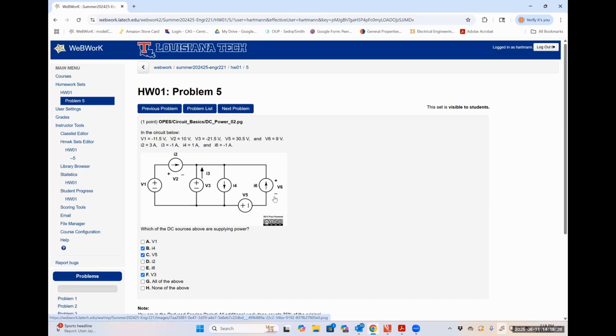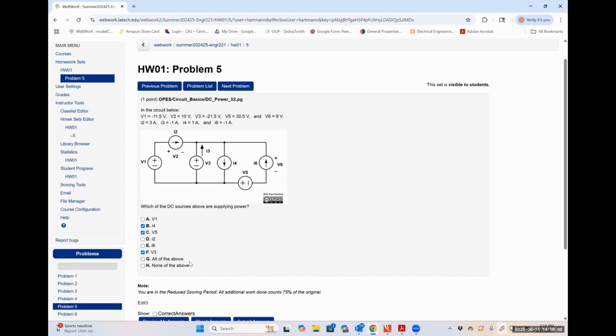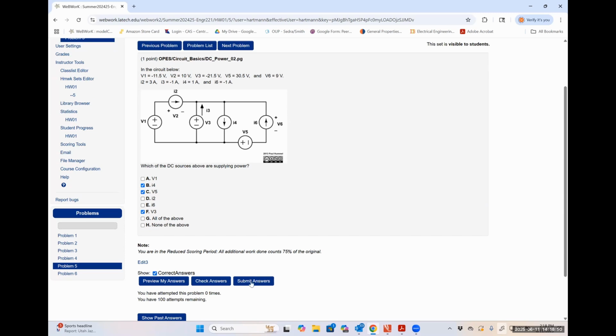And then lastly, we have the current I6 flowing into the negative polarity terminal of V6. So we want the product of V6 and I6 to be positive. Since V6 is positive and I6 is negative, that doesn't work. So our answers should just be these three right here. And for what it's worth, I'm going to check it.